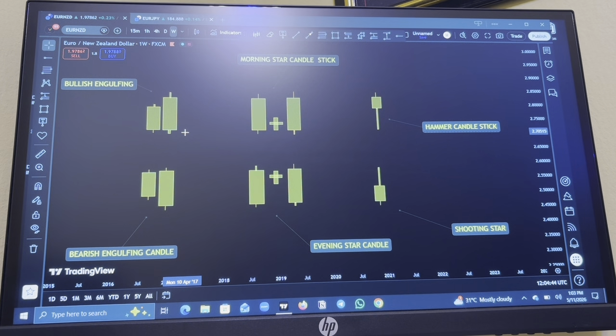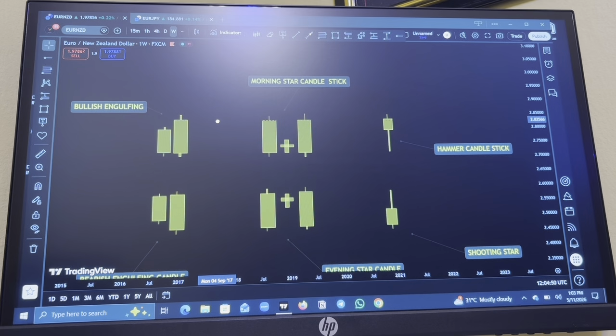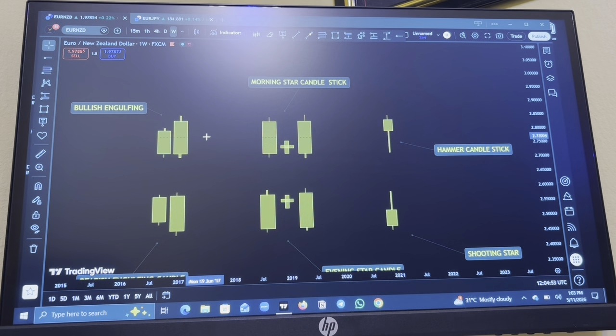Take for example, here is the bullish engulfing, and before you take an entry around this region, all you have to do is take your long position and wait for a candle to retrace at least 50%.